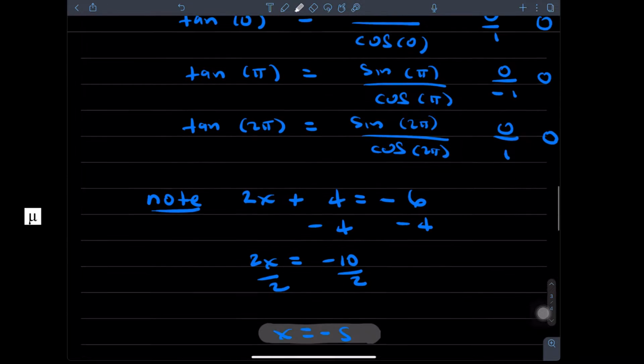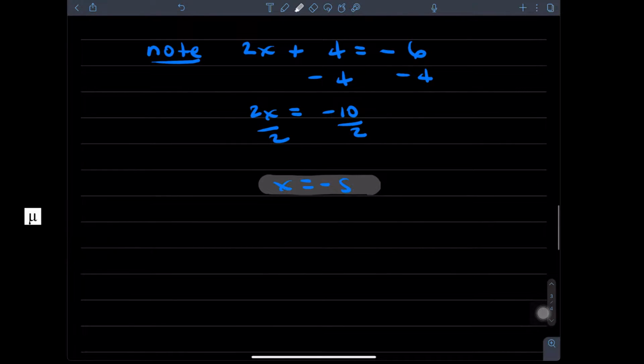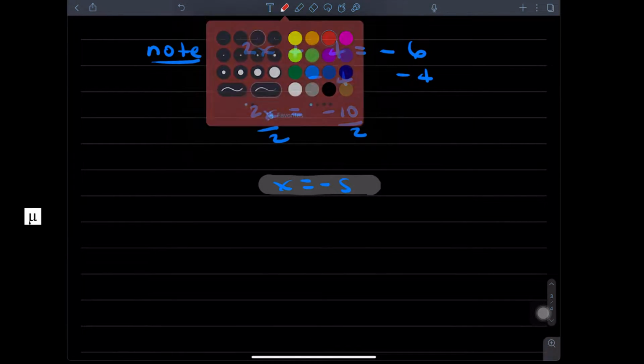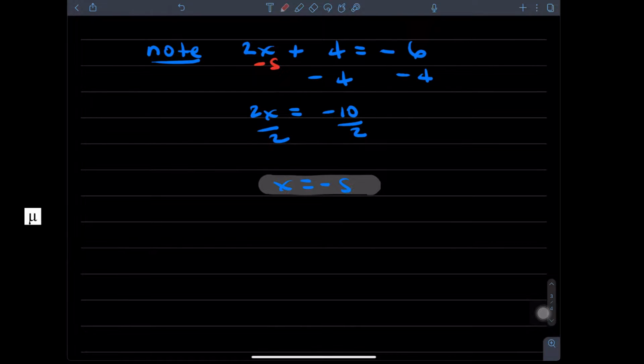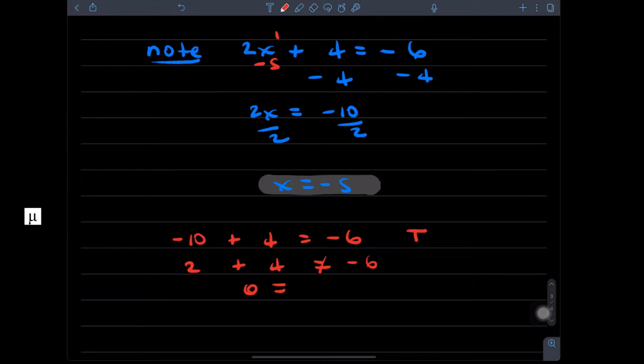Okay, you guys okay with that? You might say, why are you talking about a true statement? If I plug this in, 2 times -5, that's -10 plus 4. Is that equal to -6? It sure is. That's a true statement. But if I plug in 1 here, I get 2 times 1, 2 plus 4, and that will not equal -6 because that says 6 equals -6. This is a false statement.